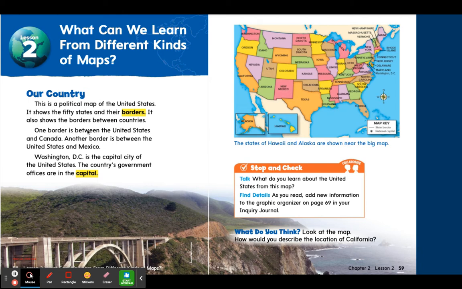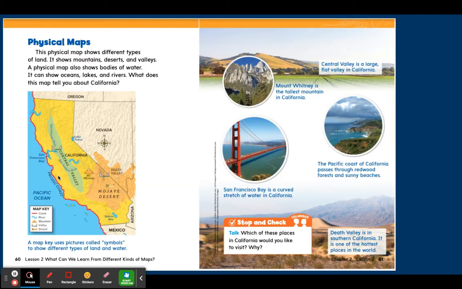One border is between the United States and Canada. Another border is between the United States and Mexico. Washington, D.C. is the capital city of the United States, and the country's government offices are in the capital.